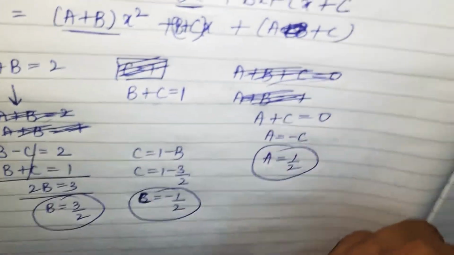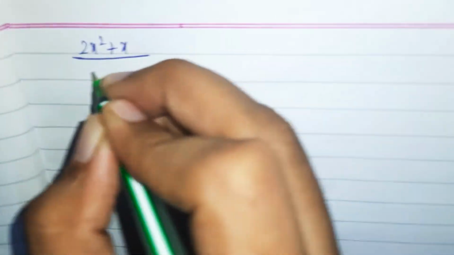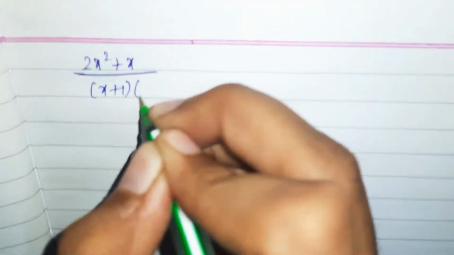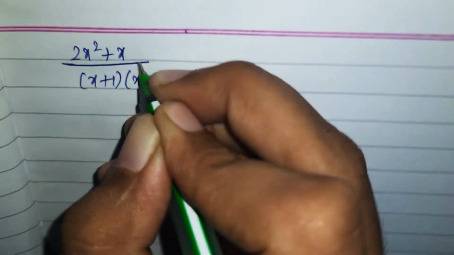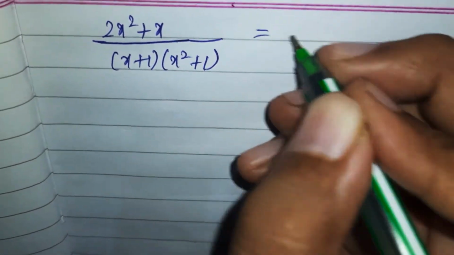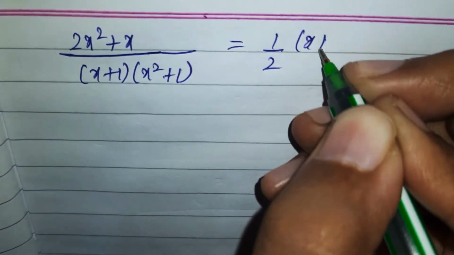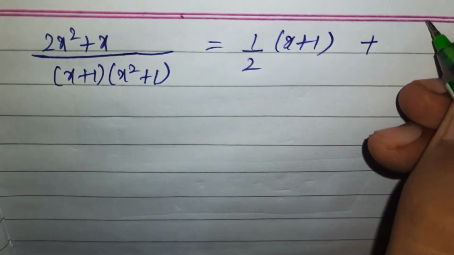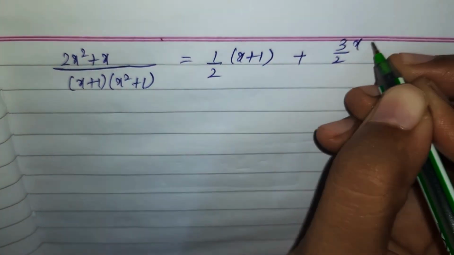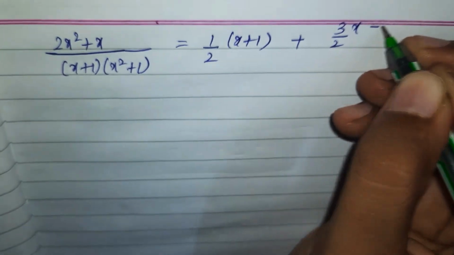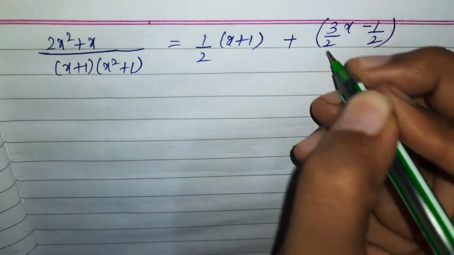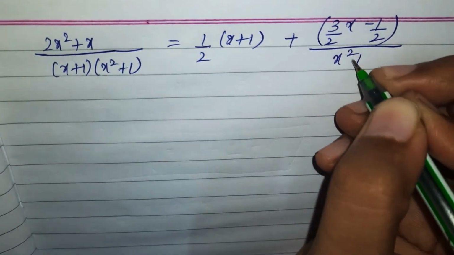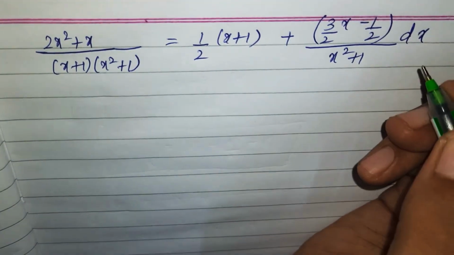So the final result is 2x square plus x upon x plus 1 into x square plus 1 can be written as a, which is 1 by 2 over x plus 1, plus 3 by 2 x minus 1 by 2 upon x square plus 1 dx.